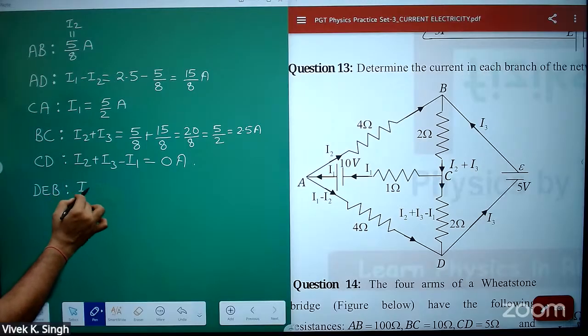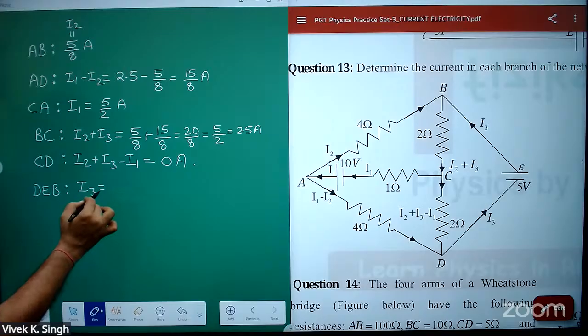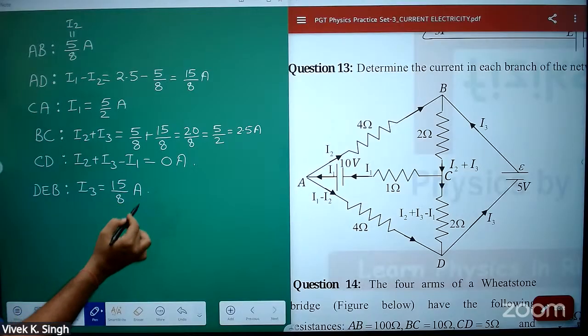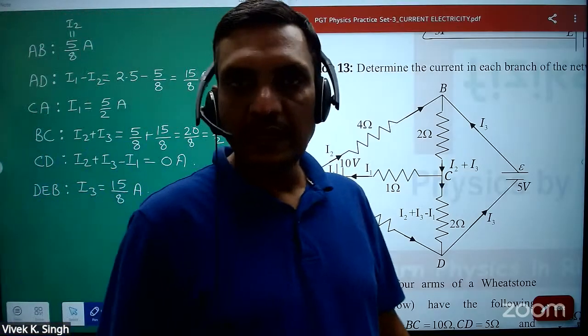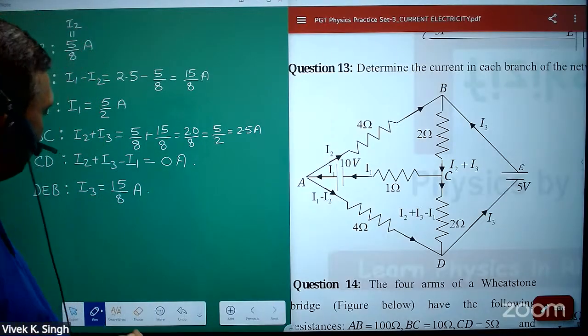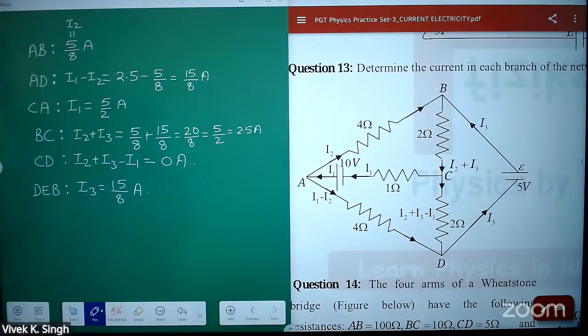This current will be I3, and I3 is 15 by 8 ampere. So again, using KCL and KVL, you can find the current and then you can see the current in each branch. Is it clear? So note it down.